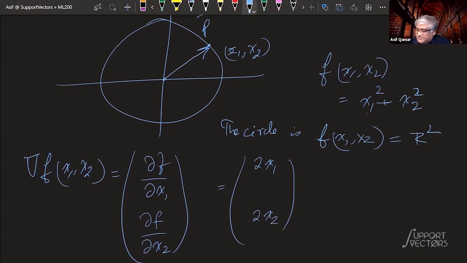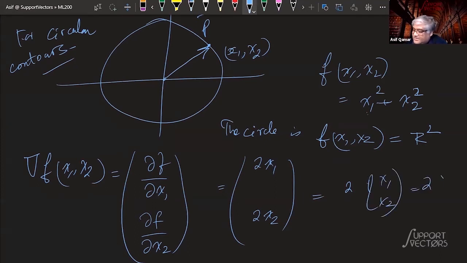You observe something very interesting for a circle: this happens to be pointing in the direction of twice the p vector, the radius. P is given by x1, x2.